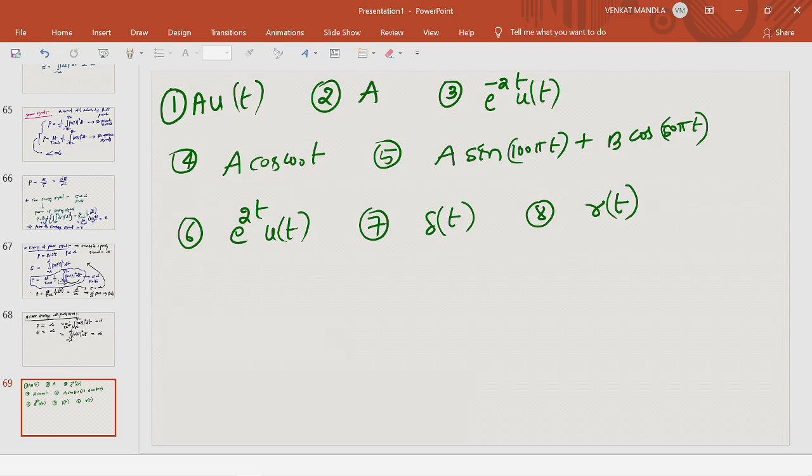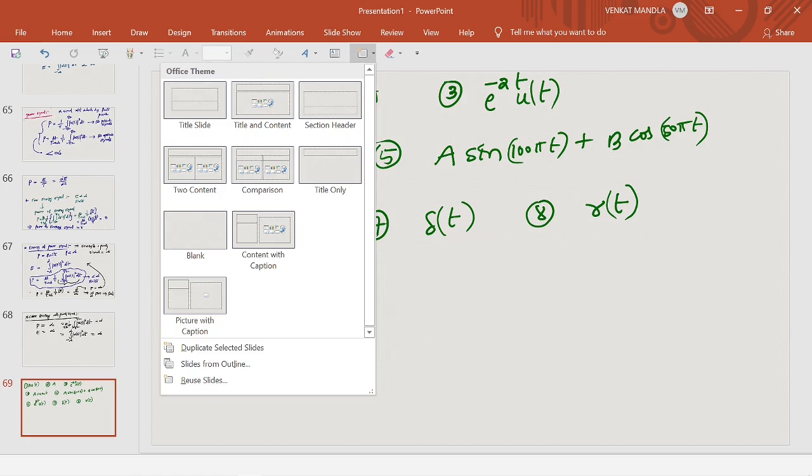Okay, so these are some signals, and these are useful signals. That is why I gave them to you. I will find out whether these are energy signals or power signals.